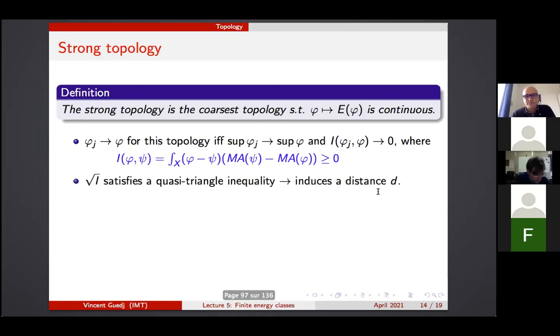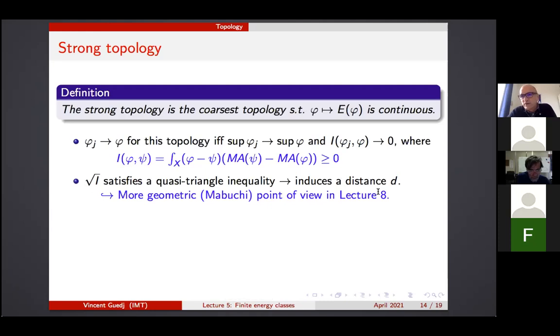But never mind. It turns out that the square root of I satisfies a quasi-triangle inequality, which means that you have a triangle inequality, but with a constant which is not 1, a uniform fixed constant. In that case, a standard topological argument says that this I functional induces a certain distance.